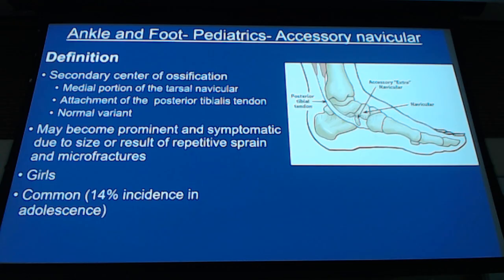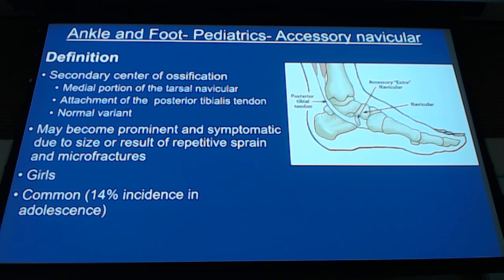And that accessory navicular bone is always on the medial side of the foot, the inside of the foot. Now, in some cases, patients get all the way into adulthood and this doesn't bother them at all. When they start getting into activities, that's when this thing shows up.